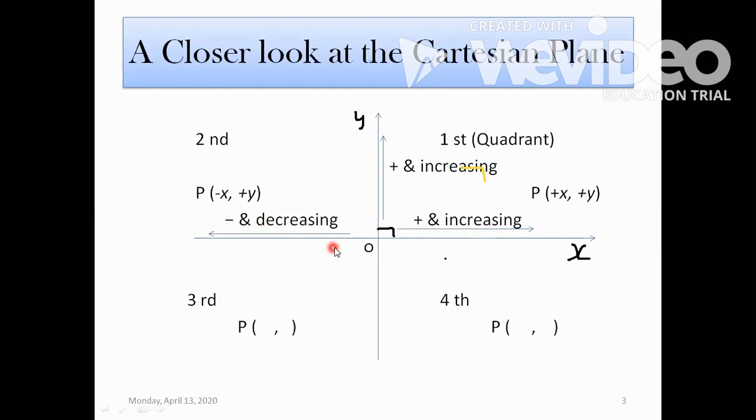So if you have -1, -2, -3, or -10, -20, etc. It's pretty much like a number line, if you notice. So going up, these values are positive and increasing. And going down, these values are negative and decreasing.